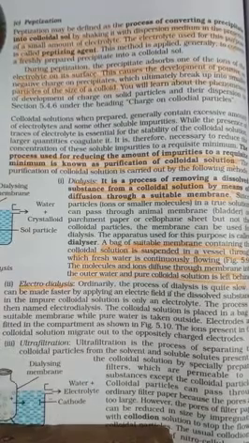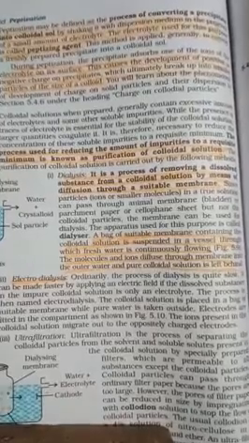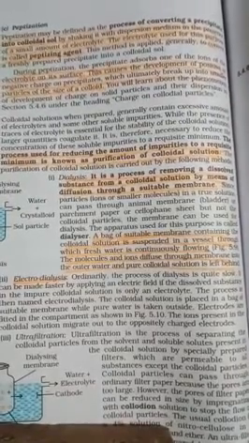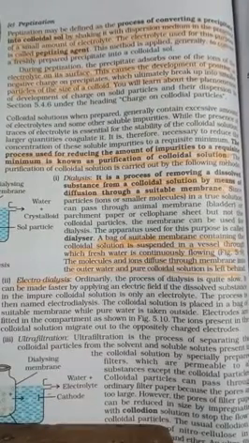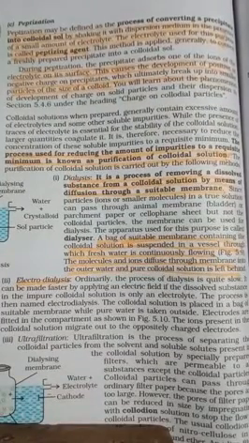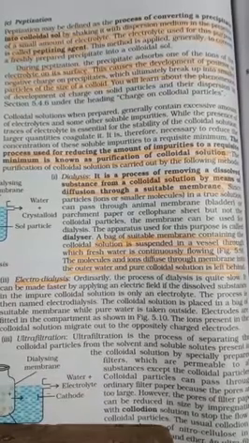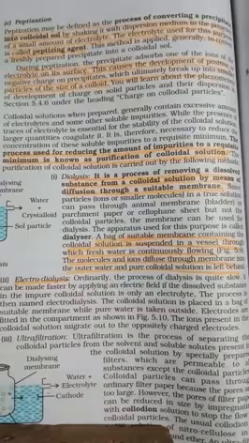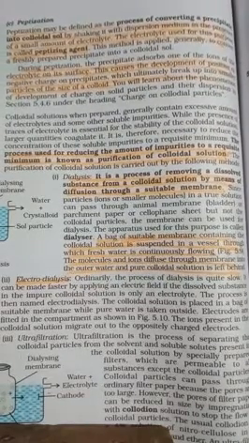Now, the process used for reducing the amount of impurities to a required minimum is known as purification of colloid. So in purification of colloid, we need to remove the impurities.